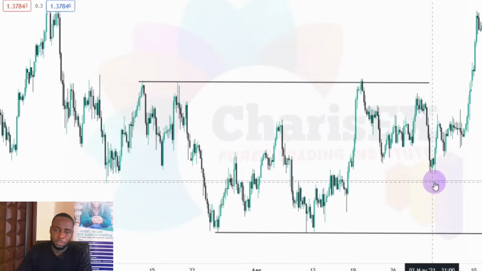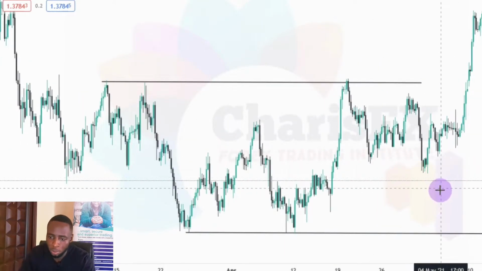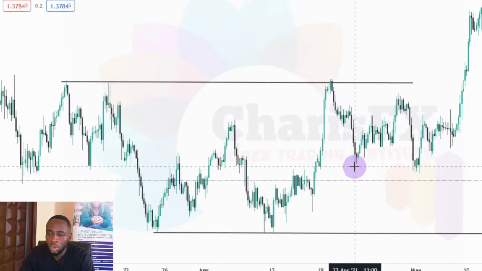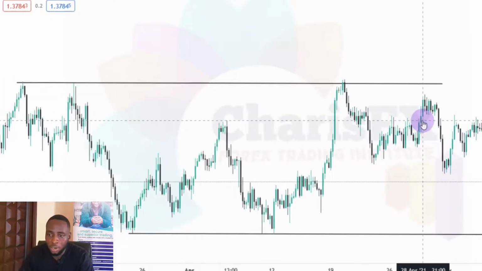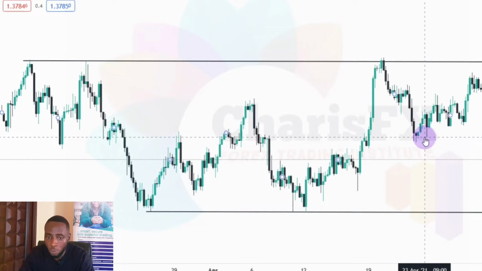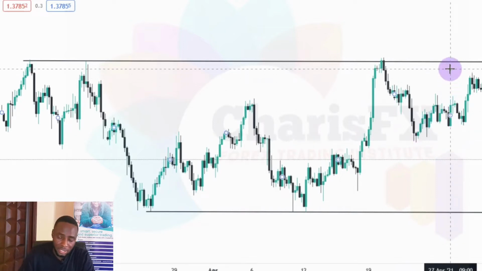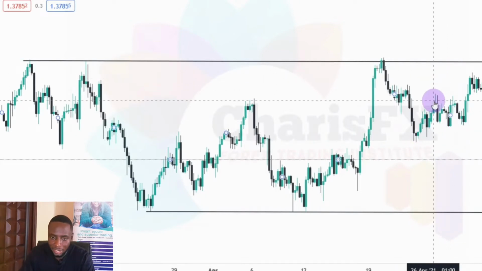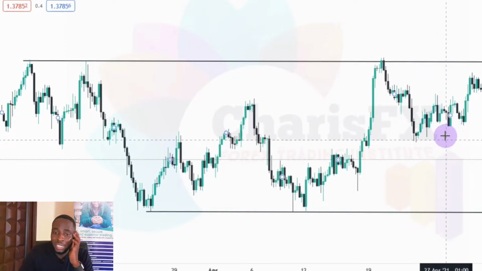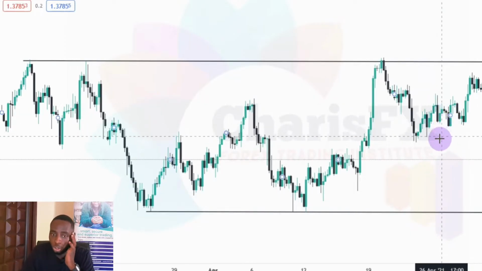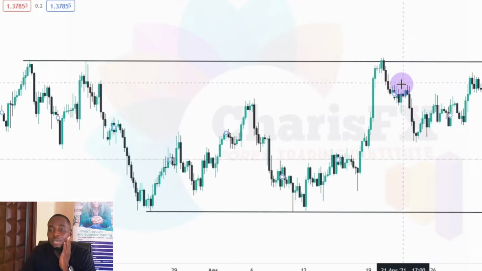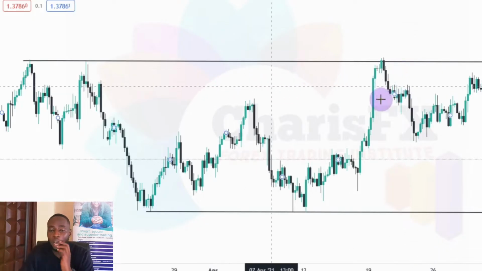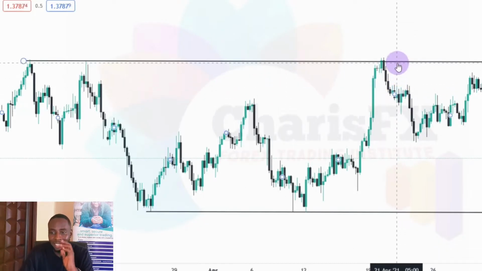How do you know that a support or a resistance has been broken? When you see the body of the candle closes above the resistance line significantly, not just closing above. We want to see a clear break of structure above that line. We want to see the body of the candle closes above your trend line significantly.